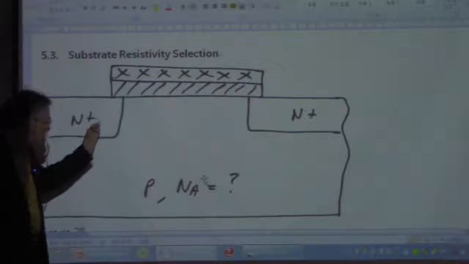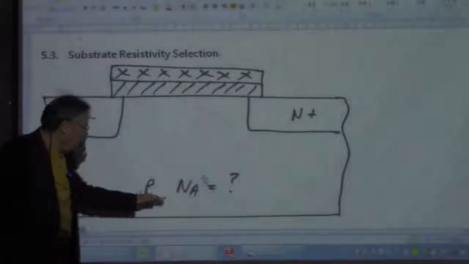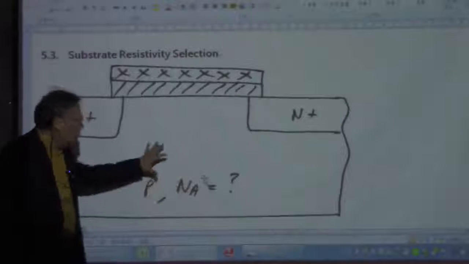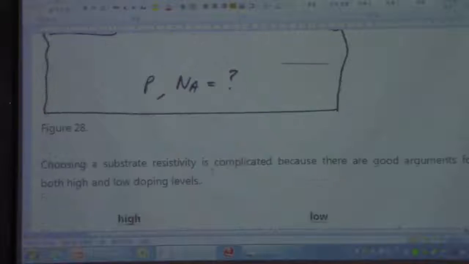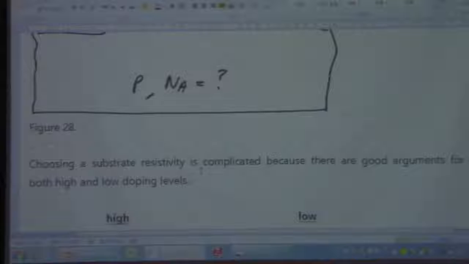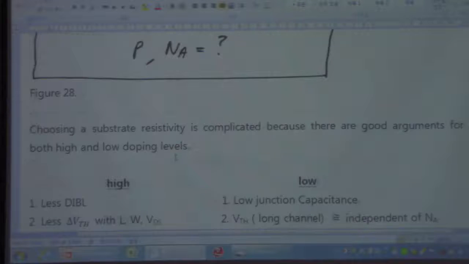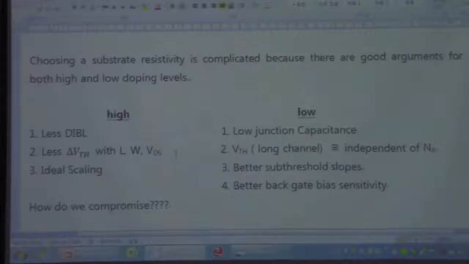And what we are going to talk about is what is going to be the substrate doping level. Should it be high or should it be low? We have a choice. And then which one is beneficial in miniaturization of the MOS transistor. That's what we are going to talk about. Okay?